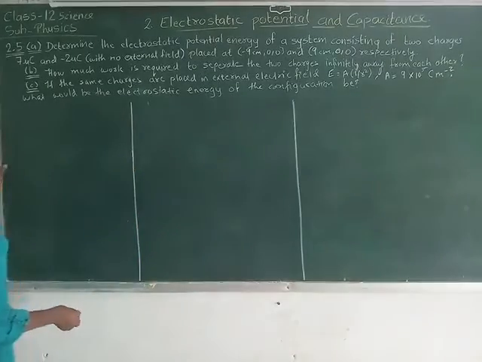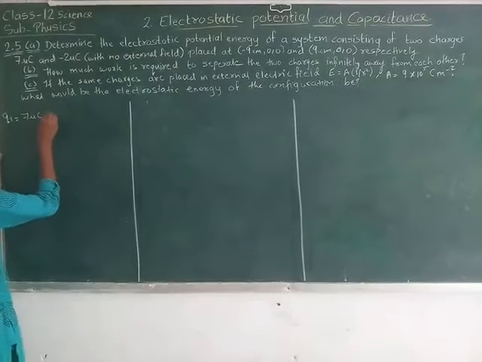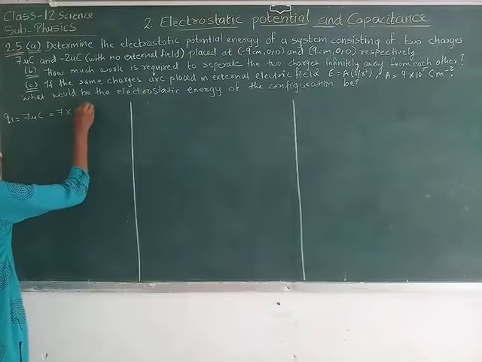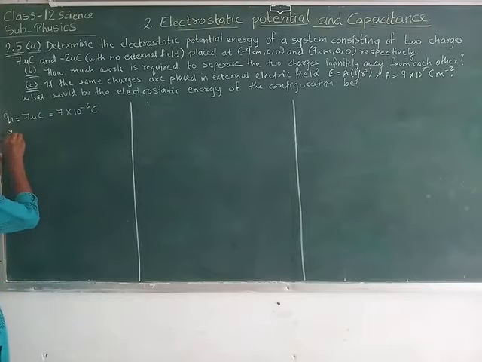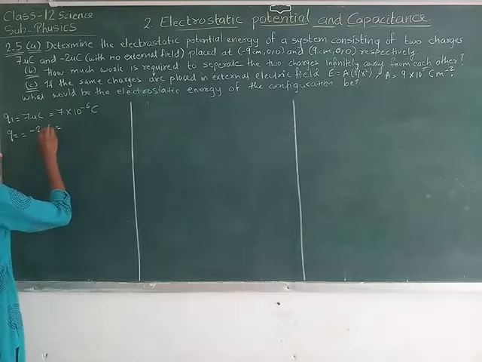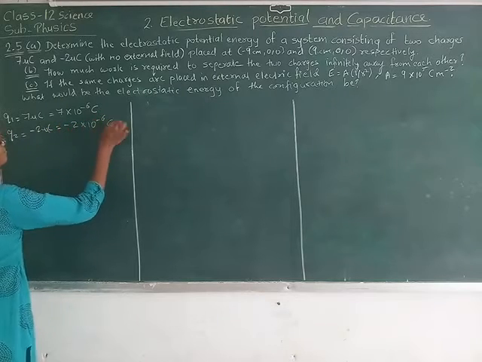That means here we are having two charges: Q1 is 7 microcoulomb, that is 7 into 10 raised to minus 6 coulomb, and charge Q2 is minus 2 microcoulomb, that is minus 2 into 10 raised to minus 6 coulomb.